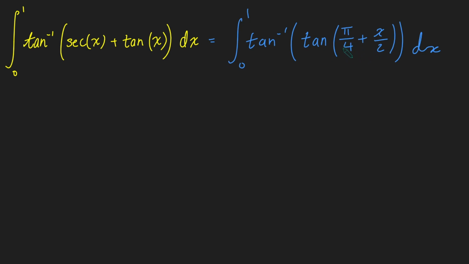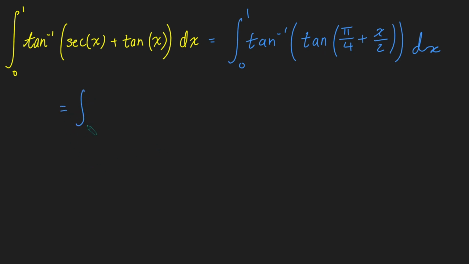Pi over 4 is definitely less than 1, and so if I add 0.5 to that, that's going to be less than 1.5, and thankfully 1.5 is less than pi over 2. And so therefore this guy here is definitely going to be between minus pi by 2 and pi by 2. And so in particular when we do inverse tan and tan, they are going to cancel, and I don't have to worry about adding a multiple of pi or subtracting a multiple of pi or anything like that.